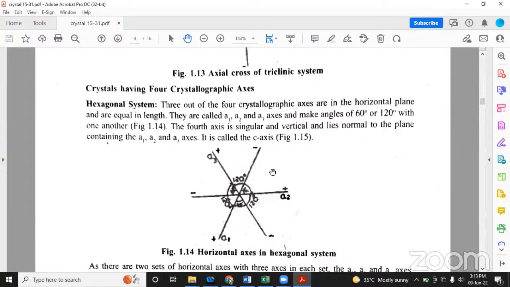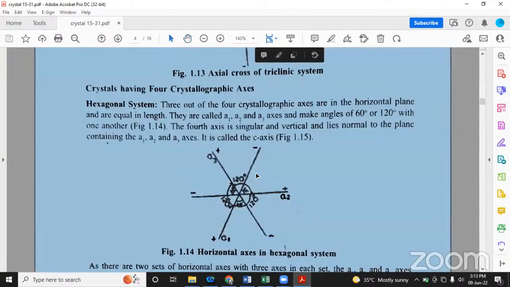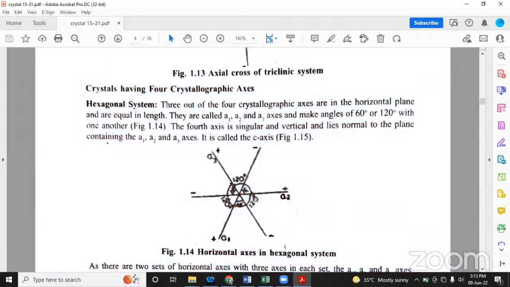So there are four axes, of which three are in the horizontal plane, which are mutually inclined at 60 degrees, but the angle between their positive ends is 120 degrees. See, the ends are at 120 degrees, but mutually there is 60 degrees. 1, 2, 3.